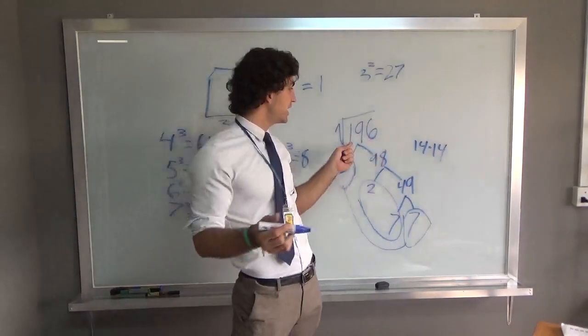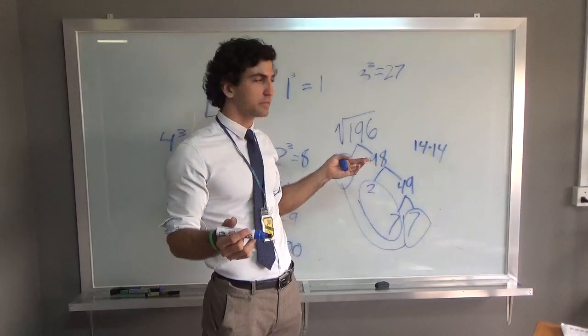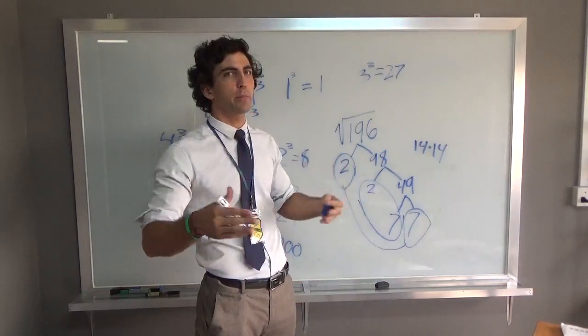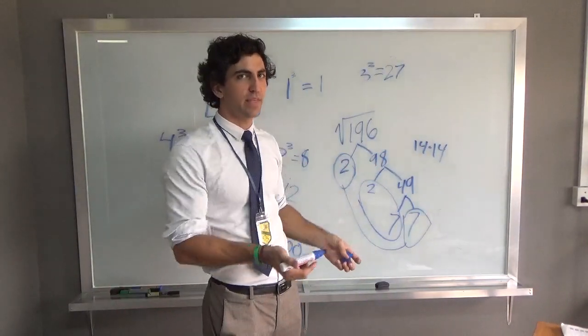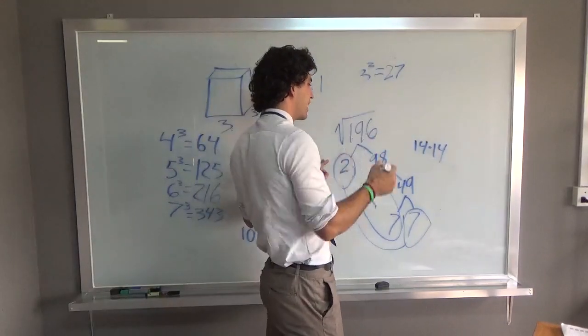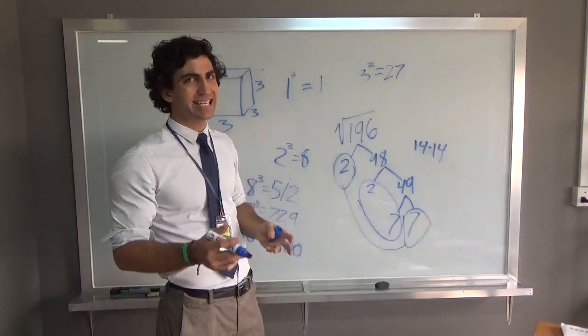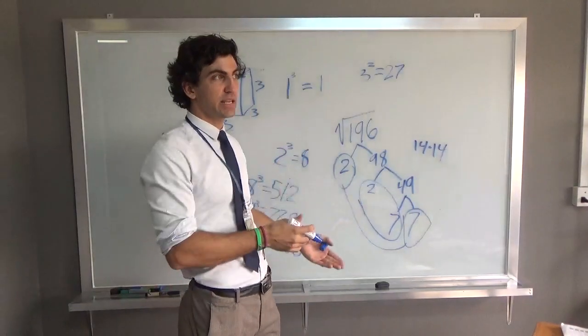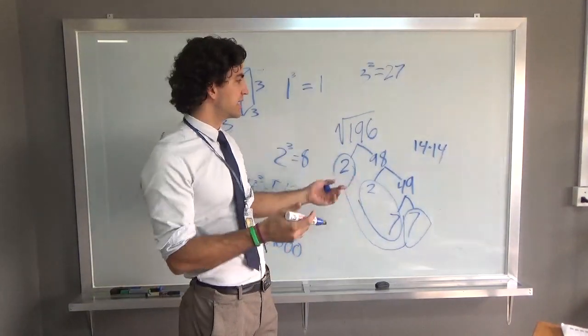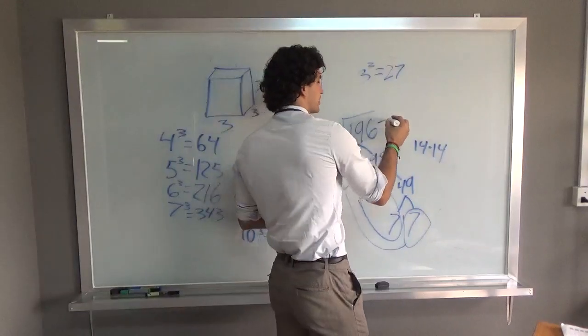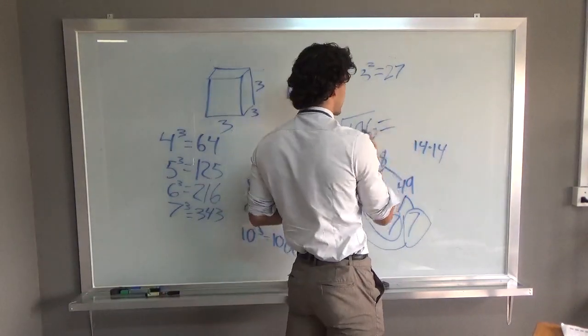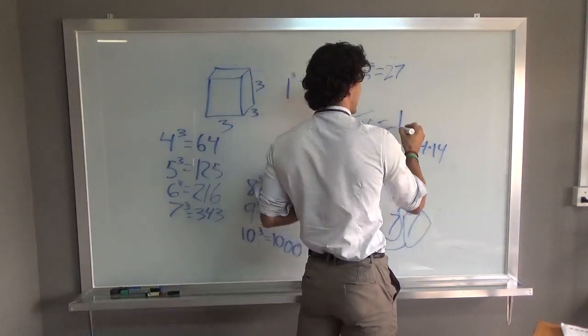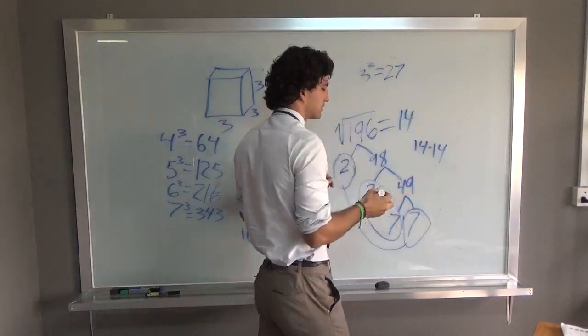Well, the definition of a square root is what number times itself will be that number. So the square root of 196 is going to be 14, because 14 times 14 is equal to 196. So the square root of 196 is 14.